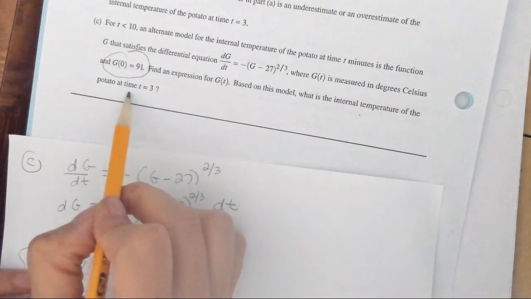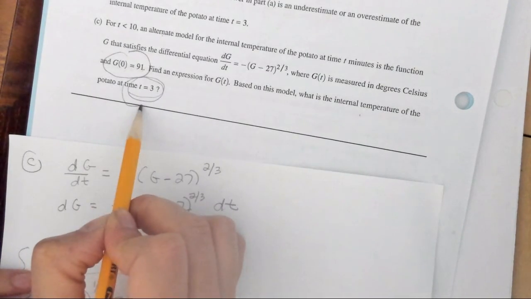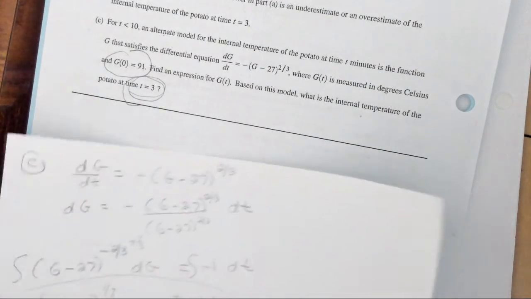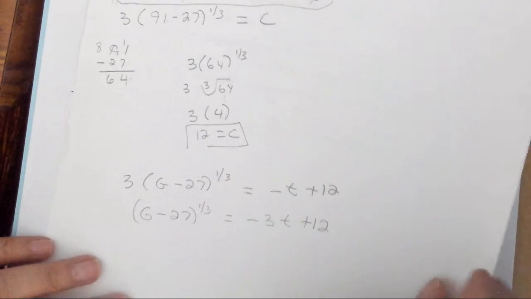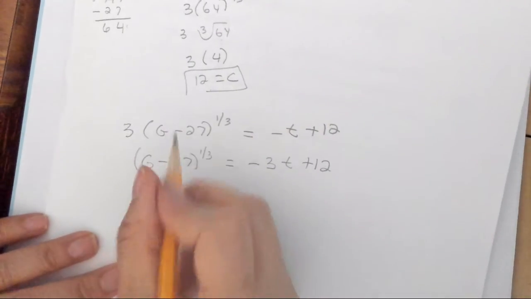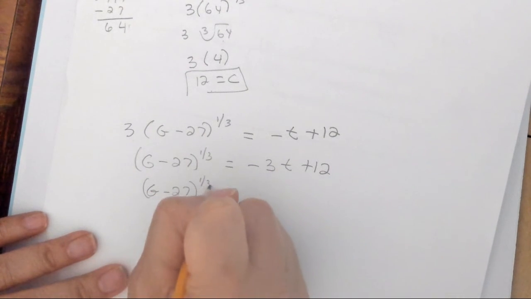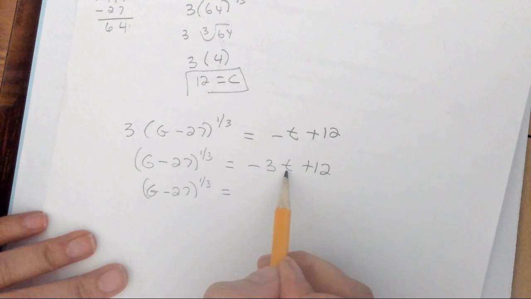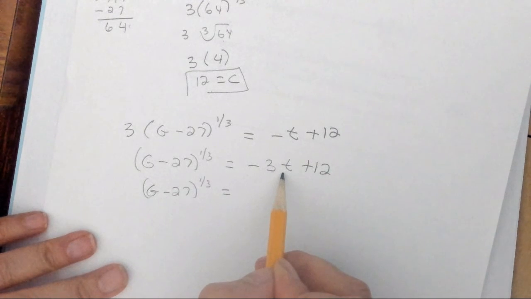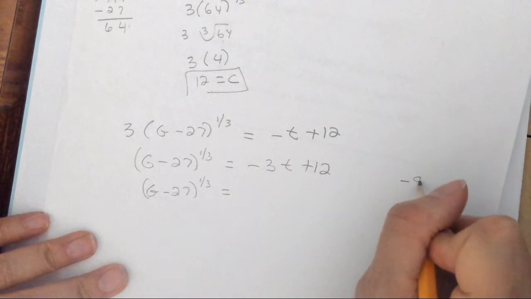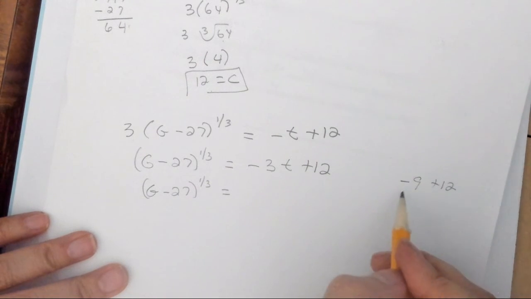I am looking for this. We're trying to figure this out when t equals 3. So I'm going to go ahead and plug in 3 here. So I have (g minus 27) to the 1/3. If I plug in 3, -3 plus 12, right?